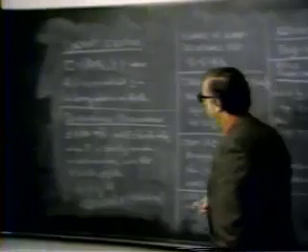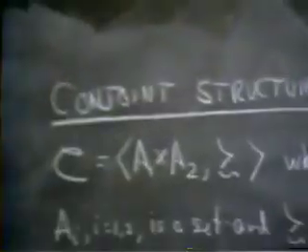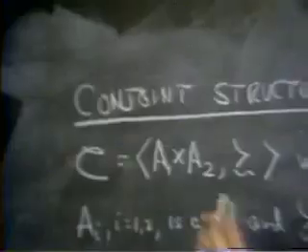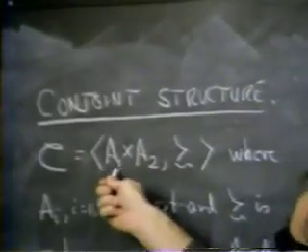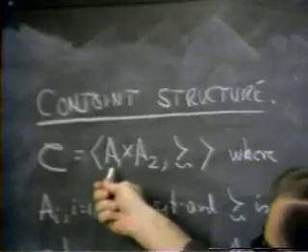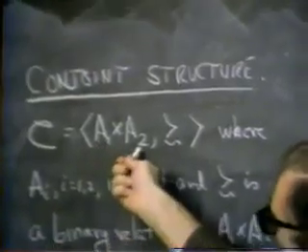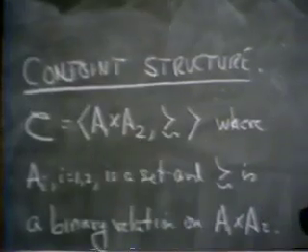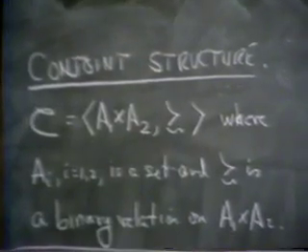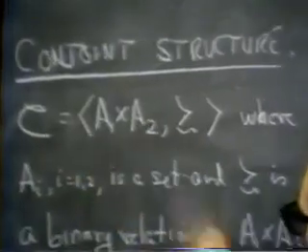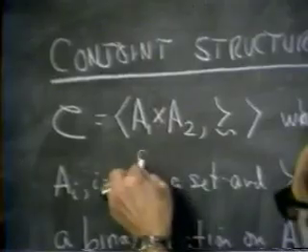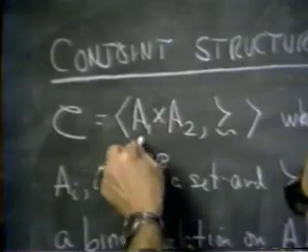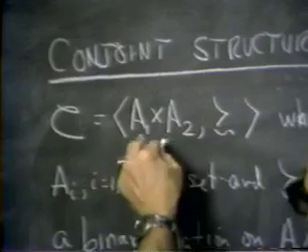of conjoint measurement. We're going to begin in the simplest case with a two-factor structure. So I'm going to assume that I have two sets of factors that are involved, A1 and A2, and the elements that one is dealing with are pairs, one chosen from A1 and the other chosen from A2, and I will write those pairs simply as a juxtaposition of symbols such as AP, where A is from A1 and P is from A2.